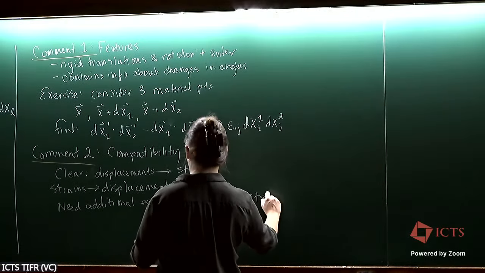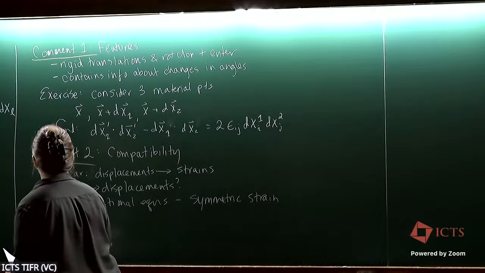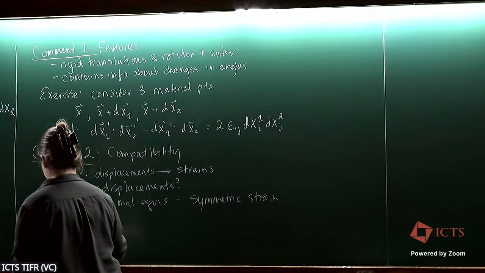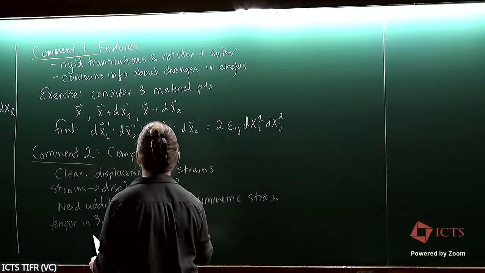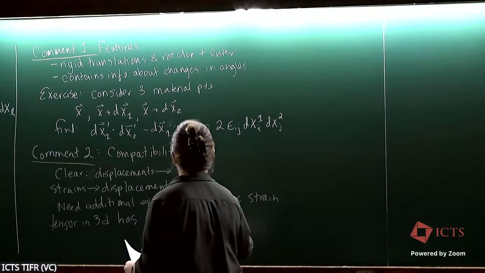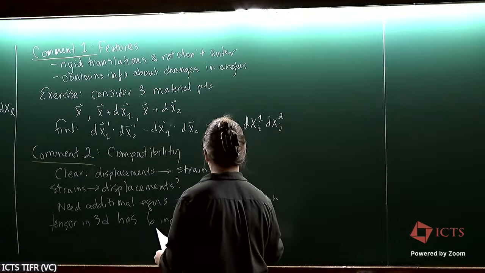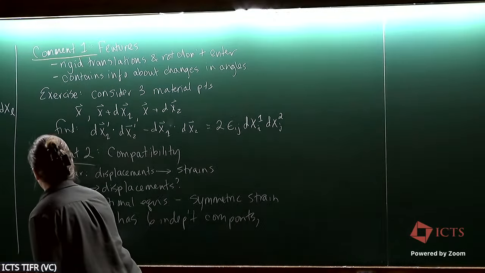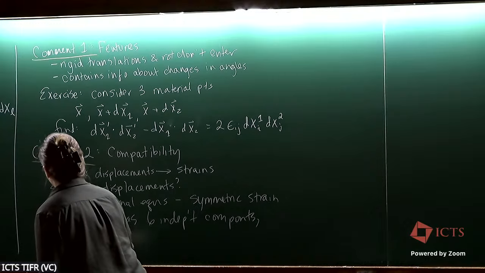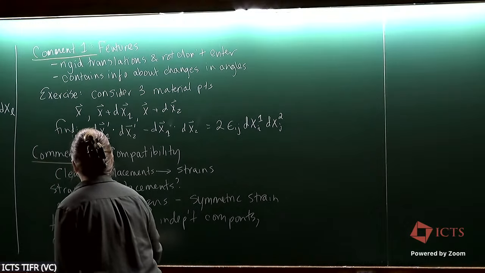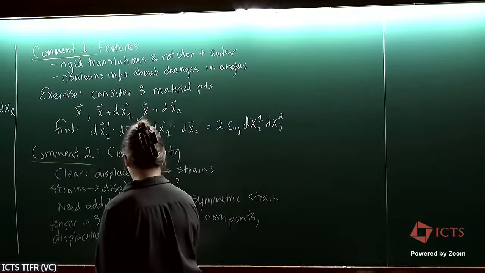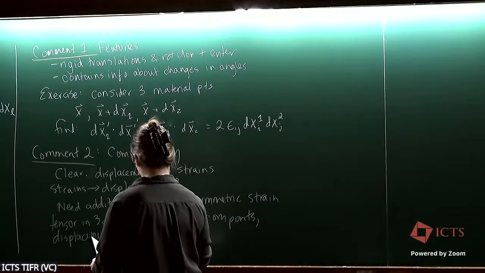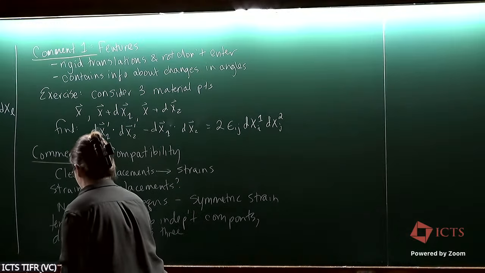The symmetric strain tensor in 3D has 6 independent components, while the displacement only has 3. So in order to go from strains to displacements, we need something called compatibility conditions.